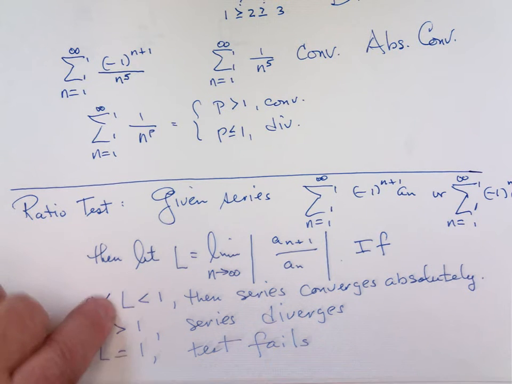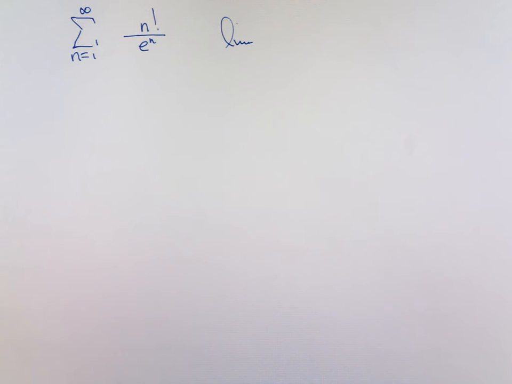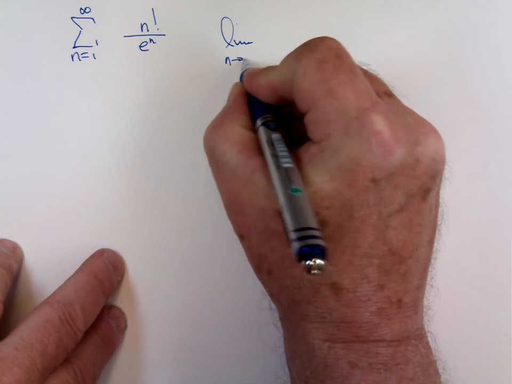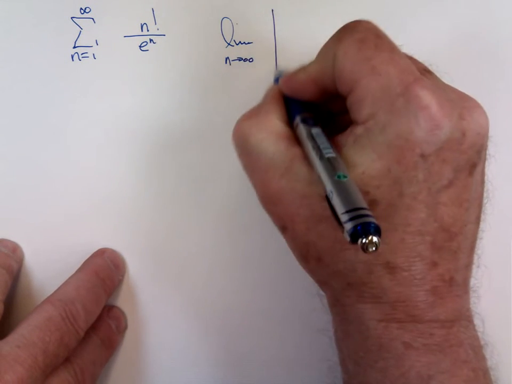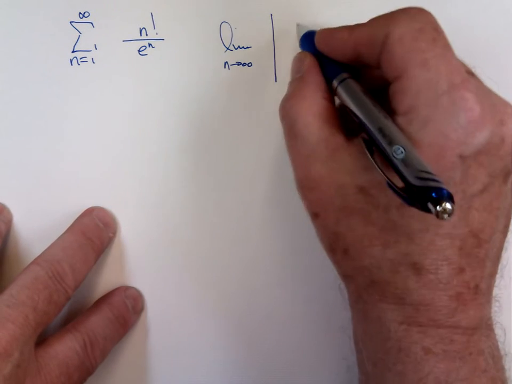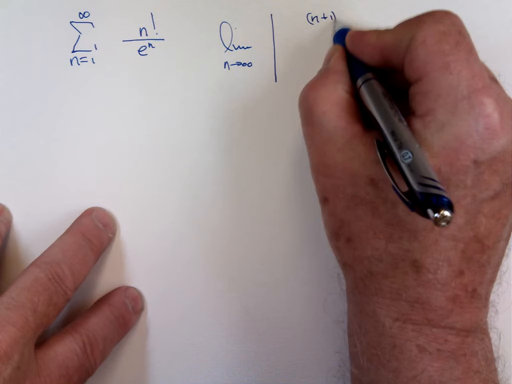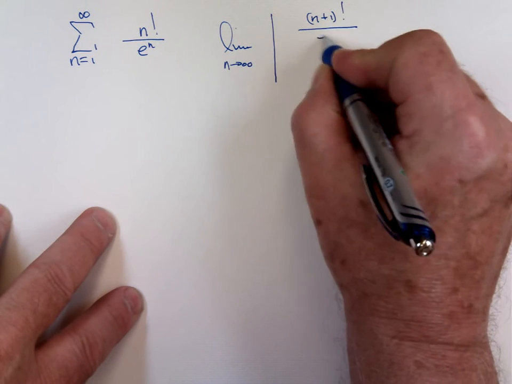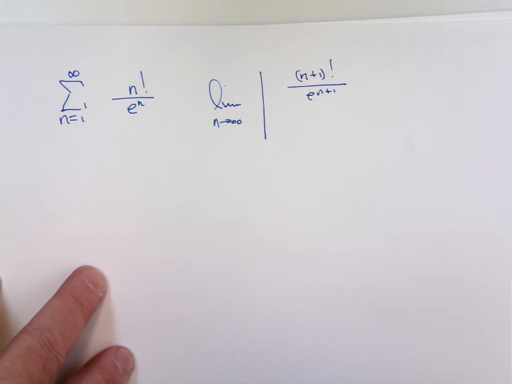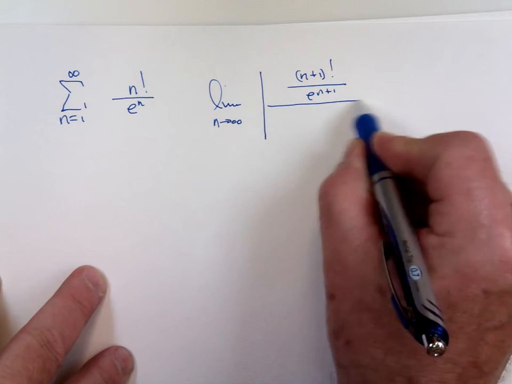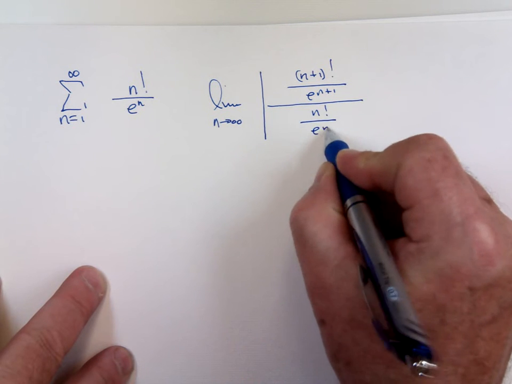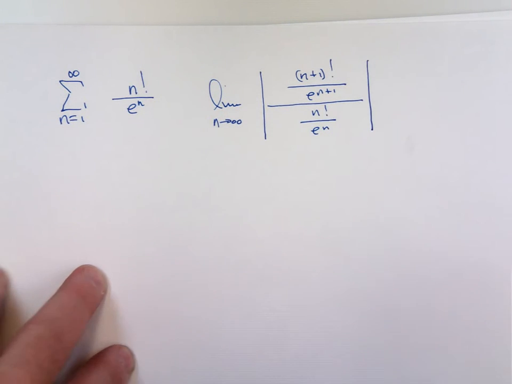Okay, you ready? Let's do it. Take the limit as n goes to infinity. Absolute value, well, there's no need for absolute value. We don't have a negative in here. Let's take the n plus first term over the nth term. We want to find the limit as n goes to infinity.